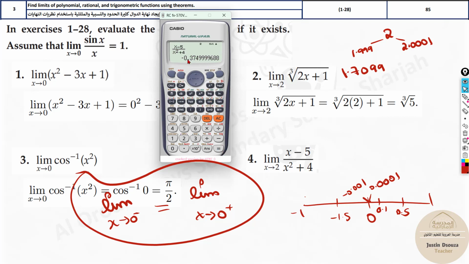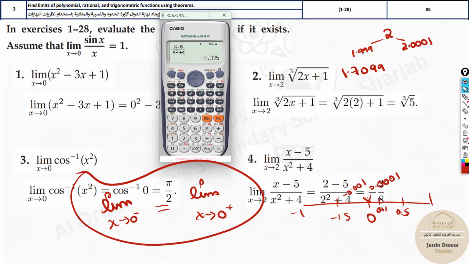Did we get the same value? Let me just double check. Oh, it's negative 0.375. Let me press calc and go to the left side, 1.99999. And yes, we are getting negative 0.375. I thought it was positive in the first case. In both the cases, it's negative itself.